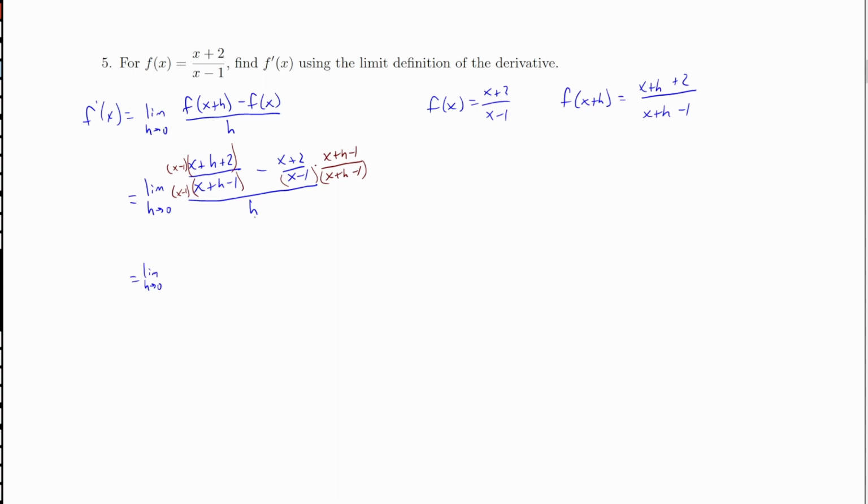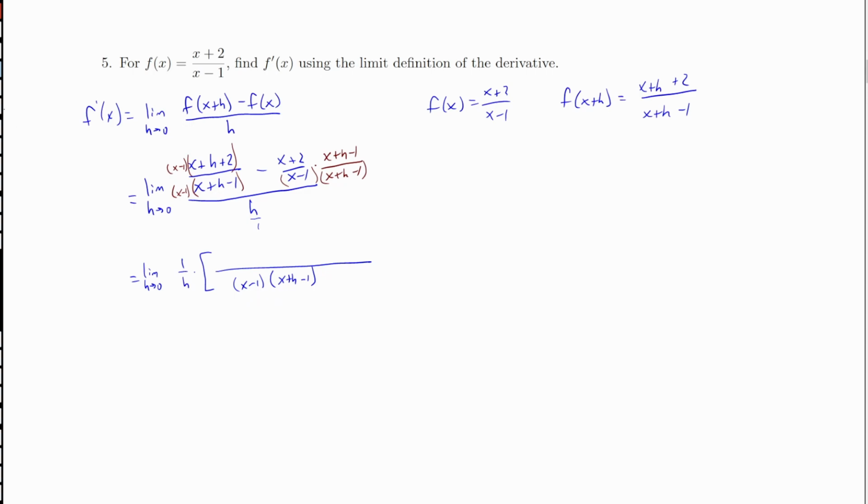Now, instead of dividing by h, I always think of this as like an h over 1. I can instead flip that. Dividing by a fraction is the same as multiplying by the reciprocal. So I can write this as like a 1 over h instead. Okay, and I have a common denominator now. So we have this x minus 1 times x plus h minus 1 in the denominator.